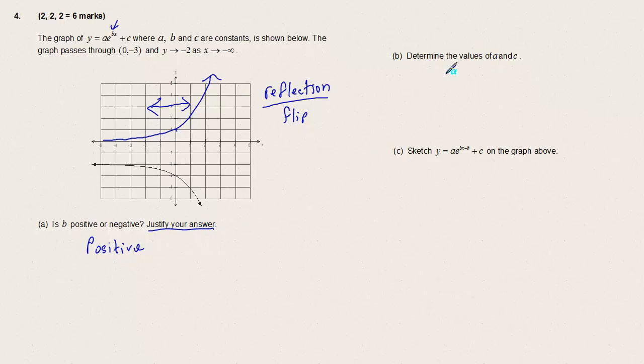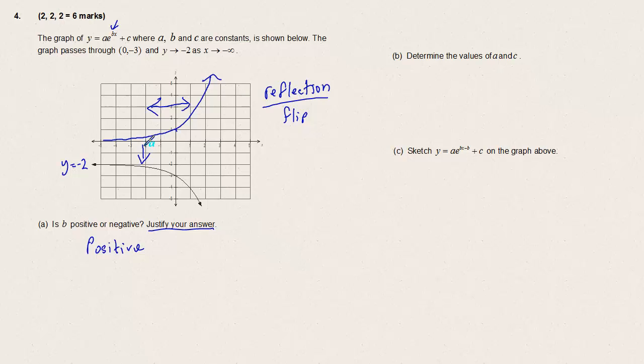We now want to determine the values of a and c. We can see that compared to the standard graph, if we reflect that in the x-axis, it's then been translated 2 units down, because y equals -2 is the equation of the asymptote.